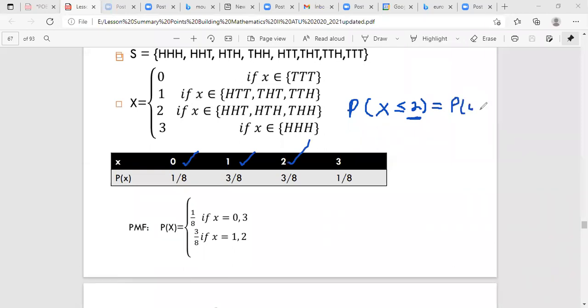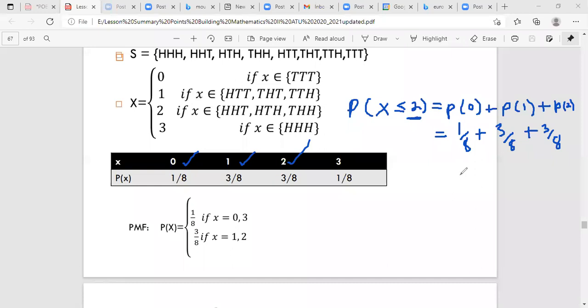So that will be p of 0 plus p of 1 plus p of 2, meaning the probability at x equals 0, which was 1 over 8, plus the probability at x equals 1, which is 3 over 8, plus the probability at x equals 2, which is 3 over 8.